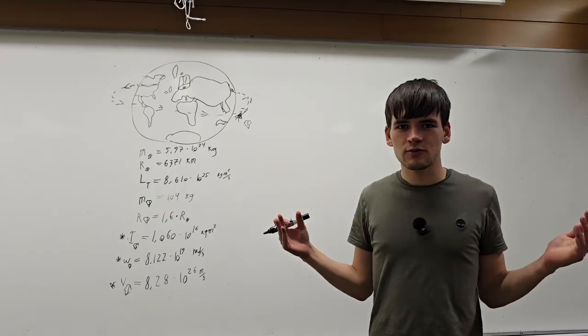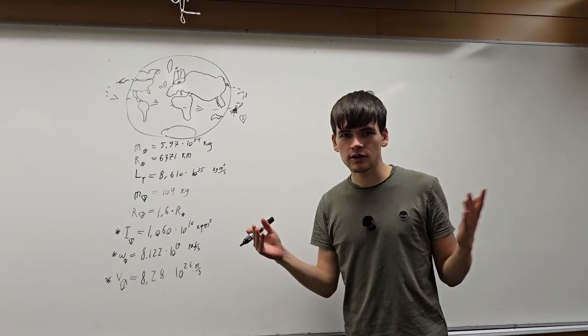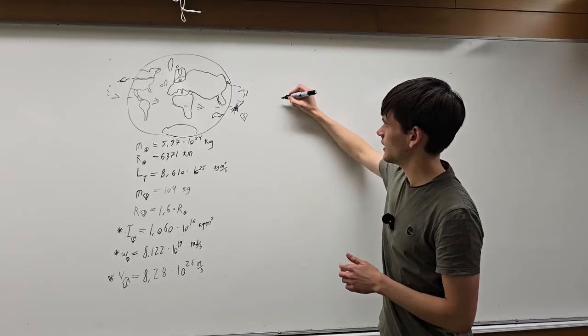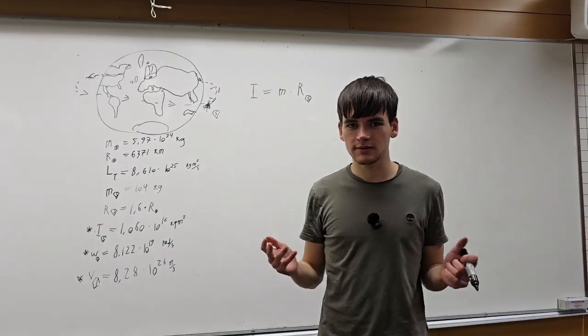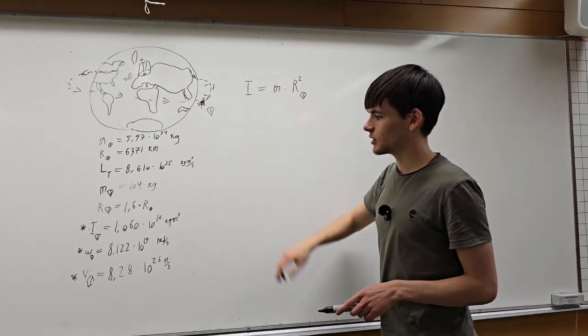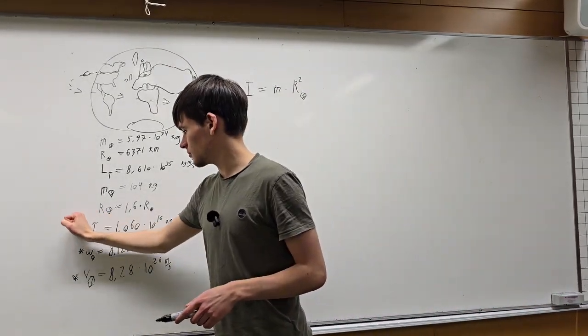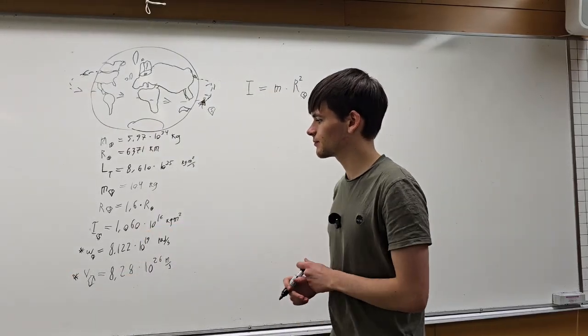But how fast does he need to go to add this amount of angular momentum? Well, to know that, we need to know his moment of inertia. Plugging into this formula, we get that the moment of inertia for Superman is this value.